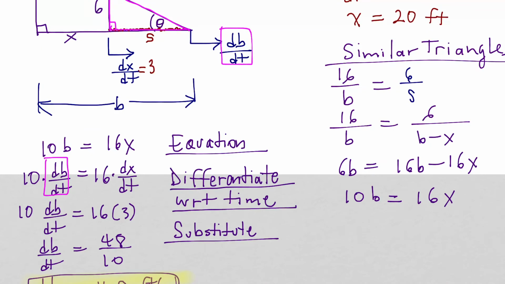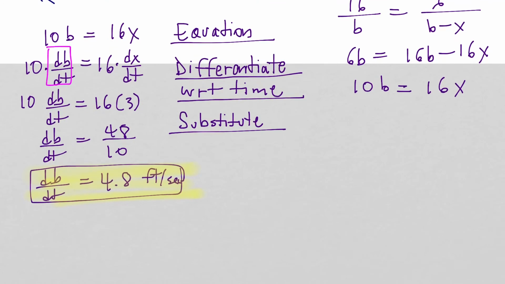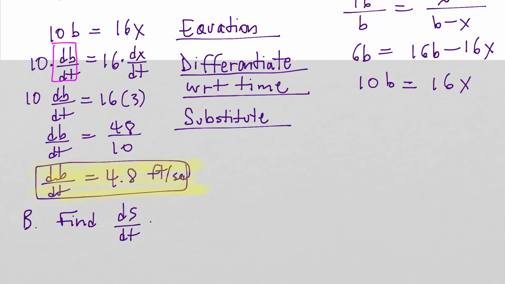From just looking at these lengths on the bottom here, we know that x plus s is equal to b, or we could say s is equal to b minus x, and that would relate those three quantities. So let's just start with that. We're trying to find ds/dt, and we said that s is equal to b minus x. Okay, so that's going to be my equation.